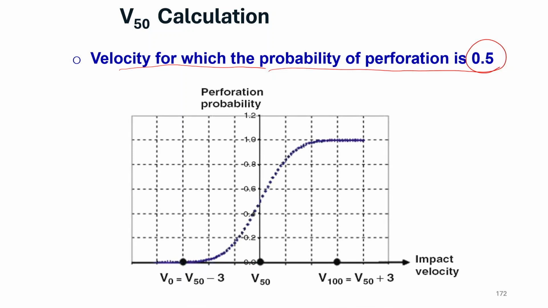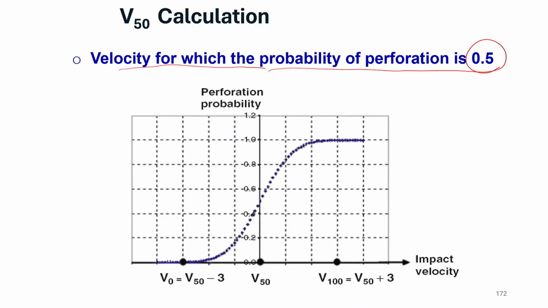Now, we can see here. So, we have calculated the mean velocity, we have calculated the partial penetration and complete penetration. From there we can plot this curve. So, at different velocity we are plotting here.